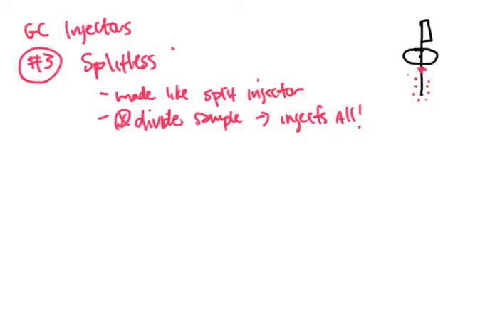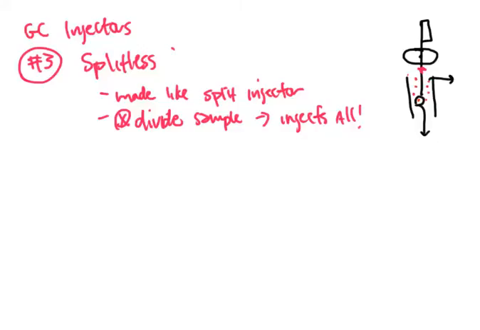Okay, so what happens is that in a split injector, some of my sample leaves and goes out of the side, and only a small portion of that goes into the column itself. However, sometimes my sample is so weak that I don't want that to happen.